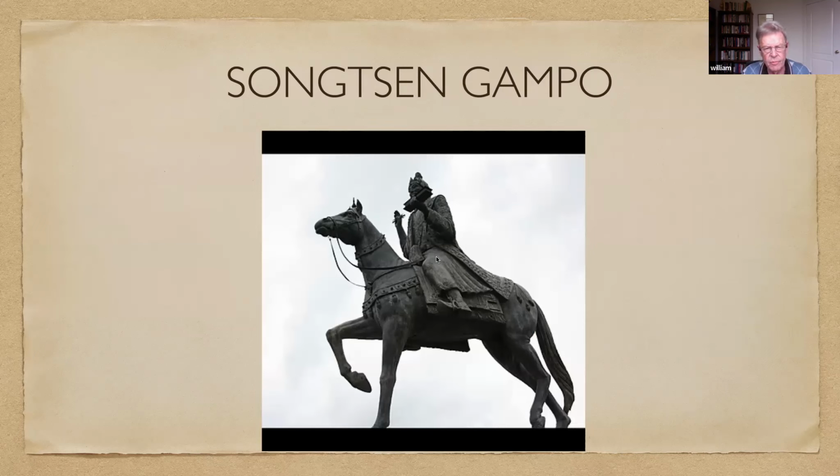He brought in many reforms, united the country, and his power spread very quickly. He enlarged the empire to include parts of what are Afghanistan today, Bhutan, Nepal, parts of northern India.